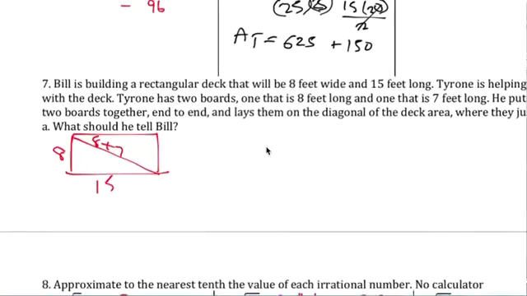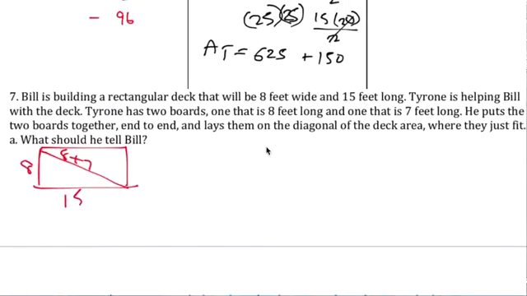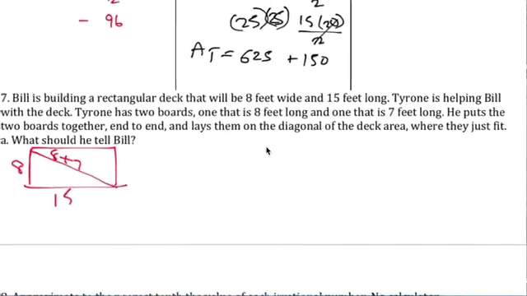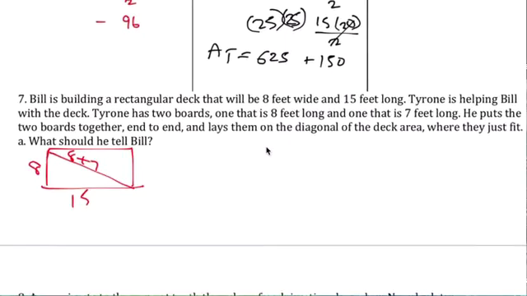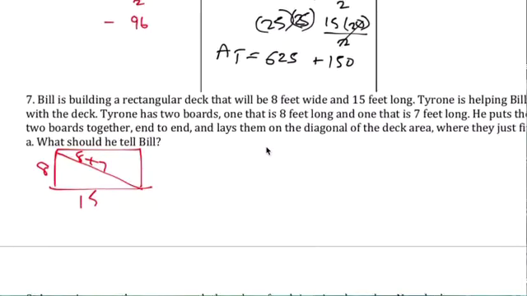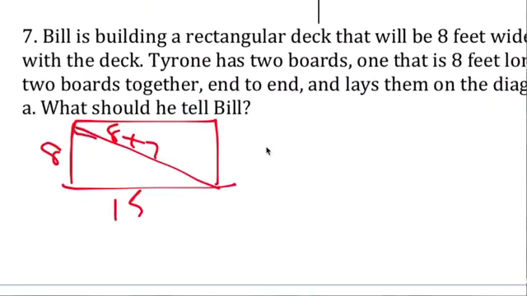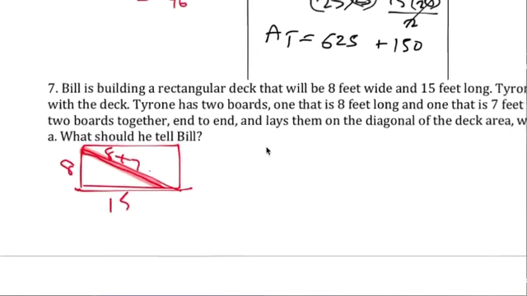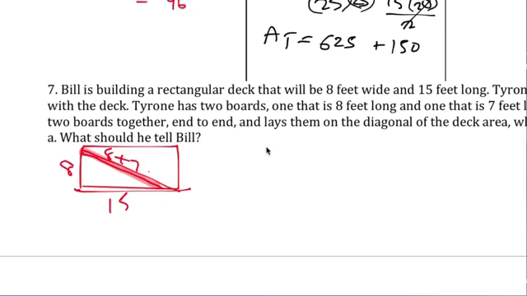He puts the two boards together end to end and lays them down diagonally at the deck area where they just fit. What would he tell Bill? He'd tell Bill it's too short and he needs to buy more wood. These two can't add up to be 15, and it can't be the same as the legs. The hypotenuse here, c, has to be longer, right?